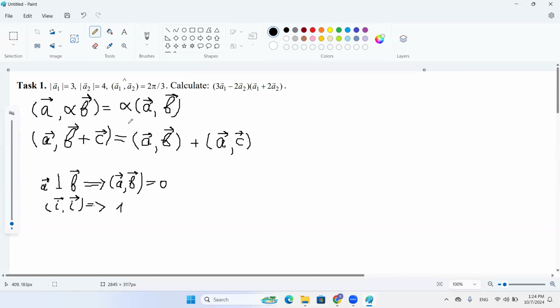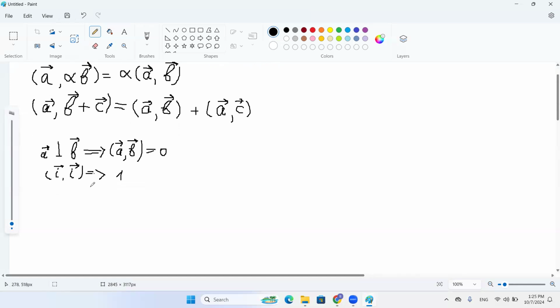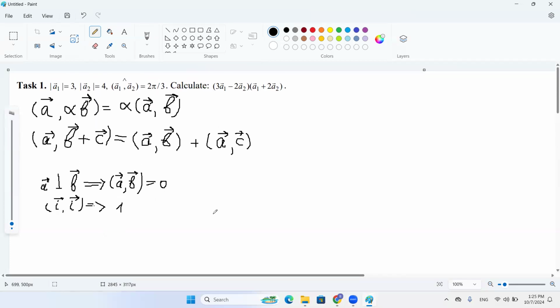Now let's start solving this task. Let's write it in detail. I will just copy and paste it.